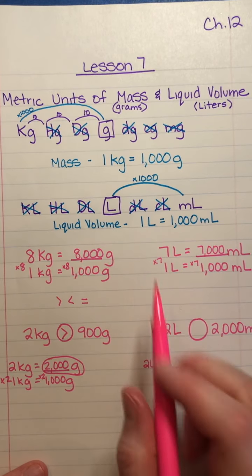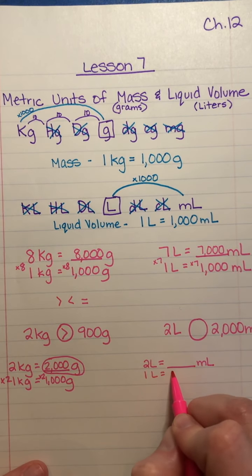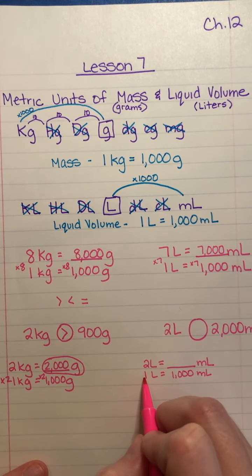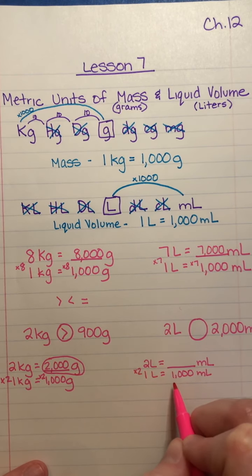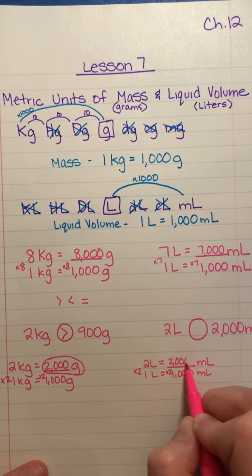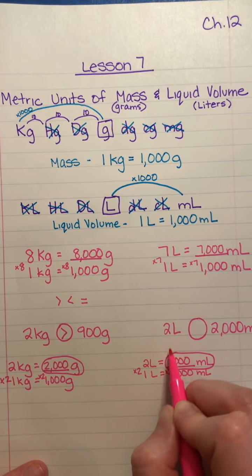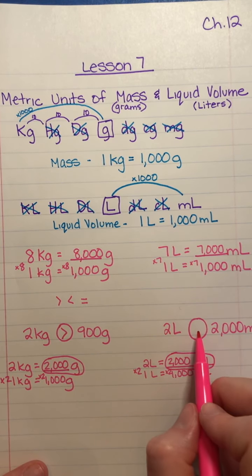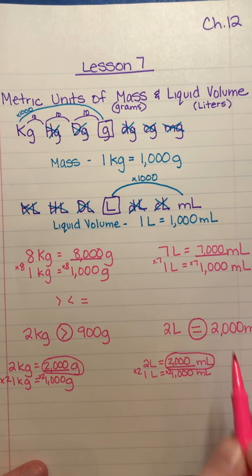Based on my fact, I know that 1 liter is equal to 1,000 milliliters. 1 times 2 is 2. 1,000 times 2 is 2,000. So I'm looking at 2,000 milliliters compared to 2,000 milliliters. And now I can say they are equal to each other.